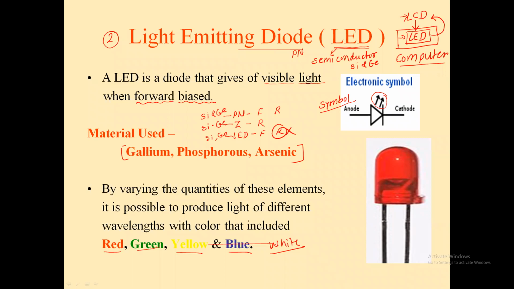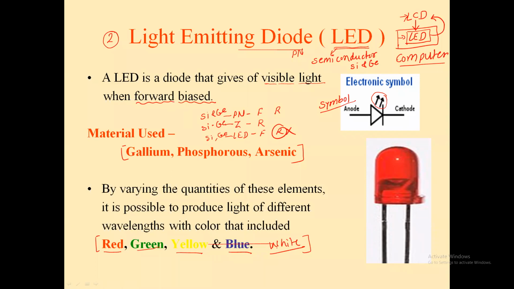Get it, my friend? So these are the different colors of LED. With new technology, LEDs might become available in more colors. But right now, generally, RGB, yellow, and white LEDs are available.